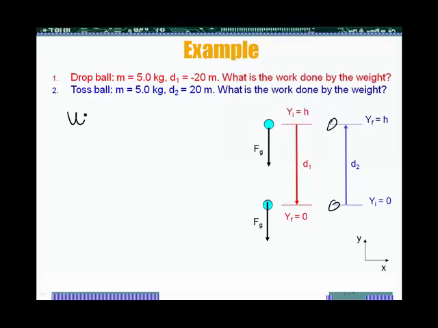Work done by the gravitational force is Fg times the displacement. That's the definition of work, F times displacement. Now in this case, Fg and d are pointing in the same direction. Okay?